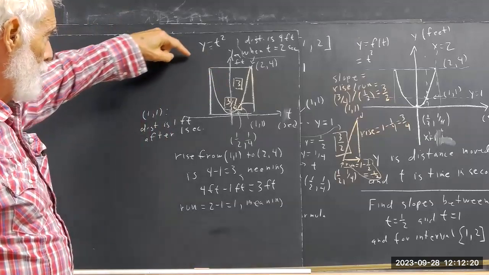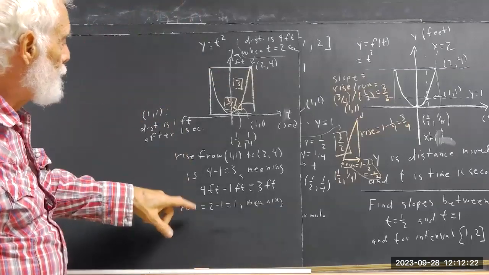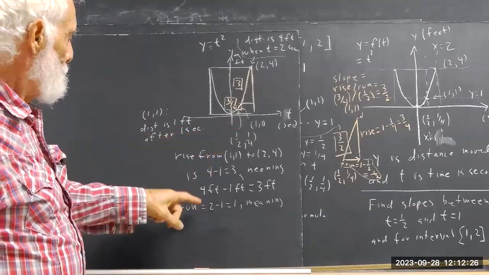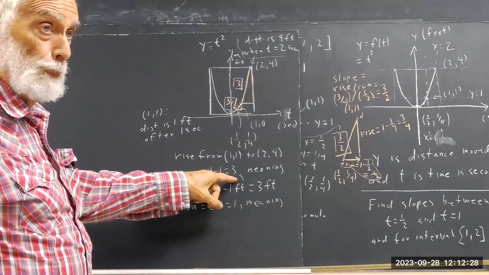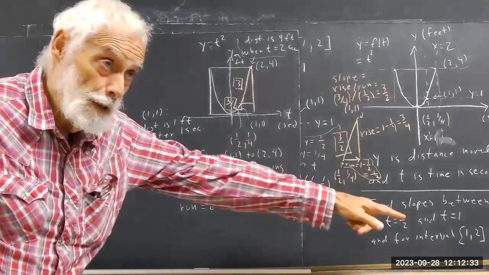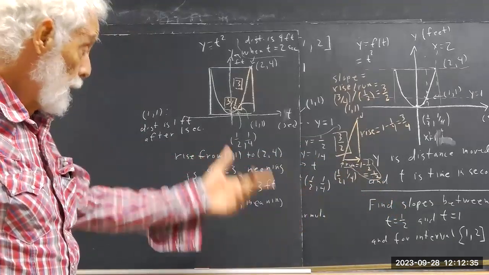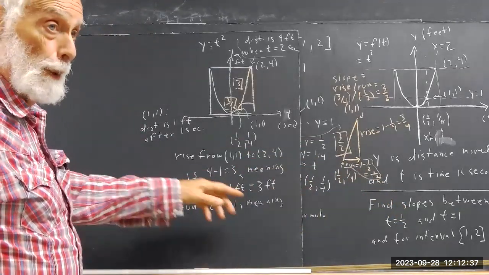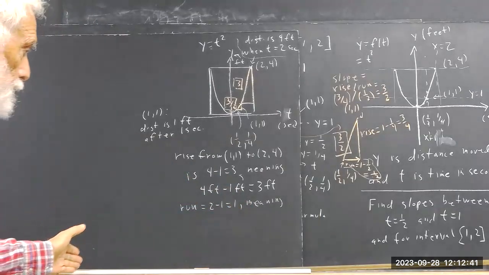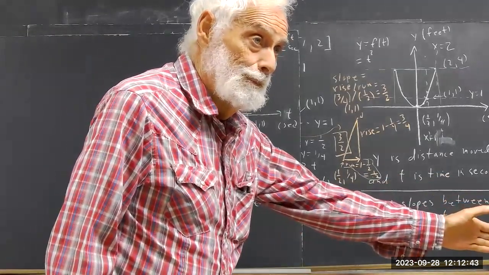Anyhow, we asked the question again: what is the meaning of 4 minus 1 equals 3? The 4 represents 4 feet along that ramp, and the 1 represents 1 foot. So we went from a distance of 1 foot to a distance of 4 feet.